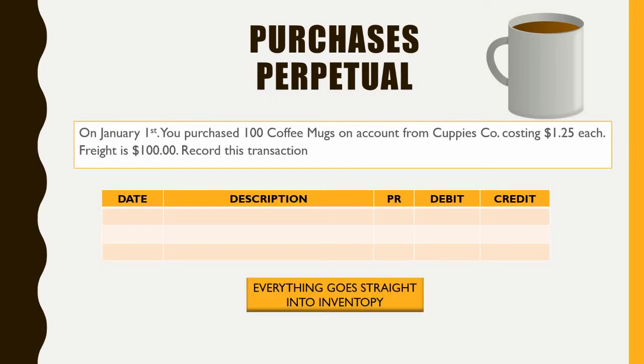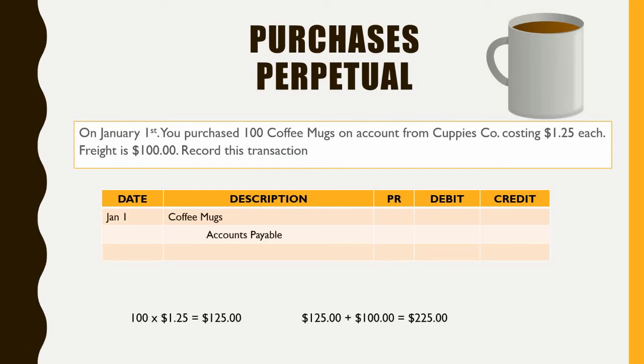So again, everything's going to go straight into inventory. So we're going to recognize that we purchased coffee mugs on an account. So in this case, because we have to combine everything together, my coffee mugs are going to cost $125 plus the additional freight, and that's all going to go into my coffee mugs account, which is going to cost me $225.